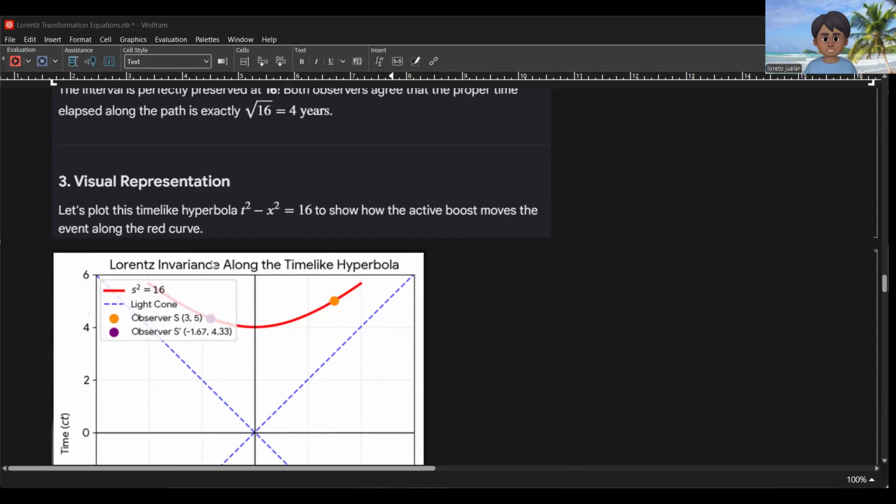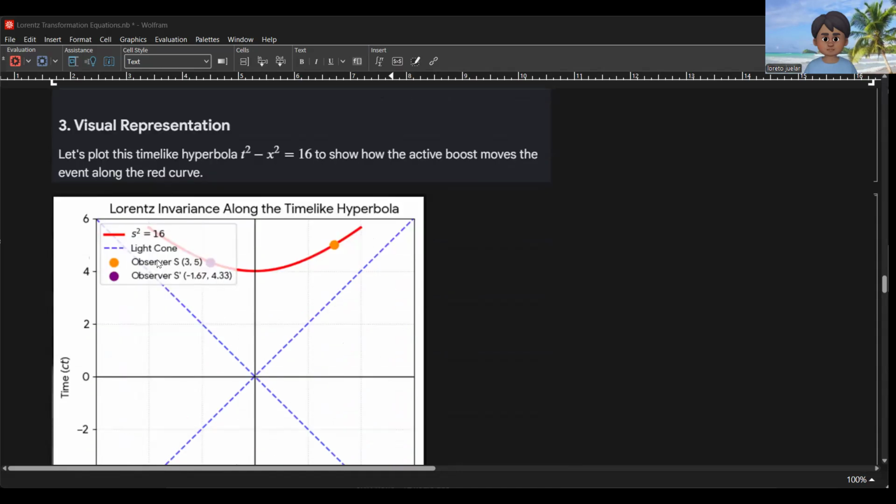For the visual representation, let's plot this time-like hyperbola, t squared minus x squared equal to 16, to show how the observer's frame moves the event along the red curve. In S prime, x is equal to negative 1.67 and t is equal to 4.33.